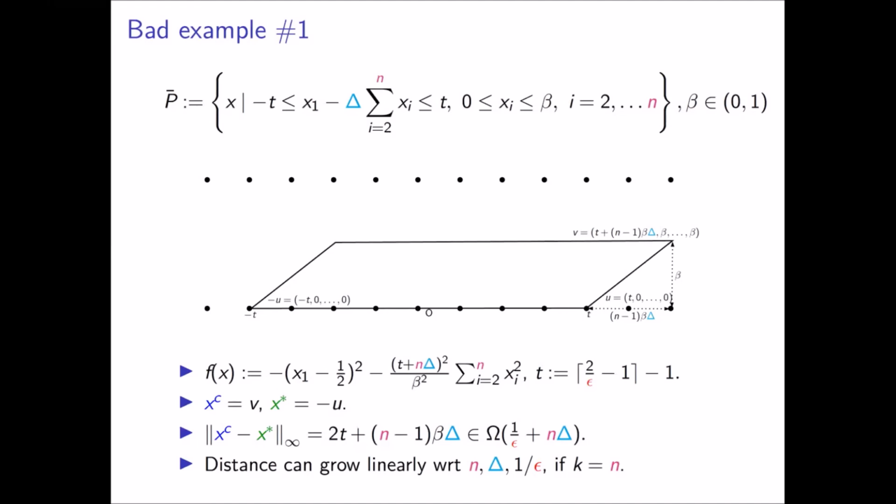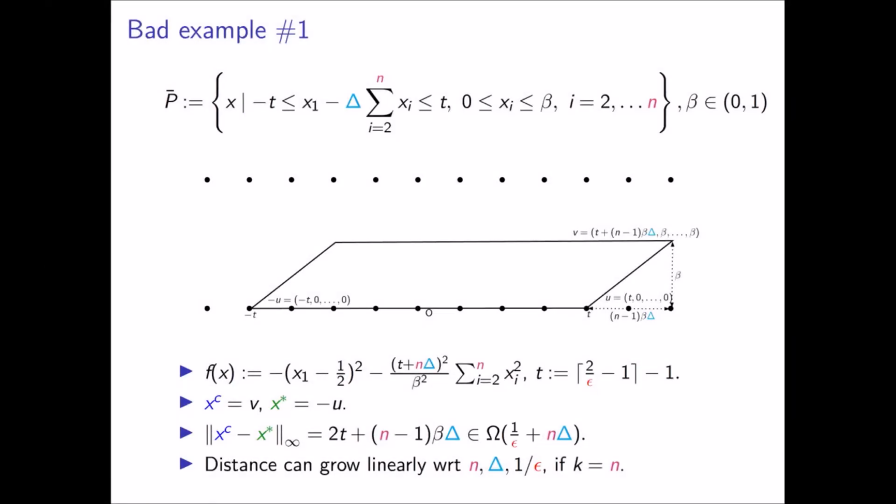On the other hand, if we choose the parameter t carefully, then we can make minus U on the other side the unique epsilon approximate solution to IQP. This implies that the distance between V and minus U will be a quantity in omega of 1 over epsilon plus n delta.